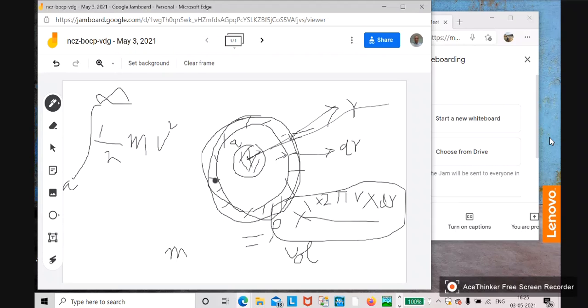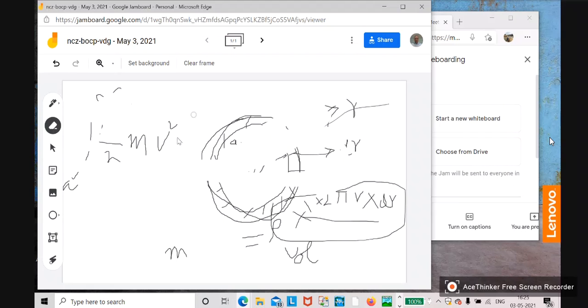That is why the integration is carried out to infinity. Understood? All of you? Yes, sir.